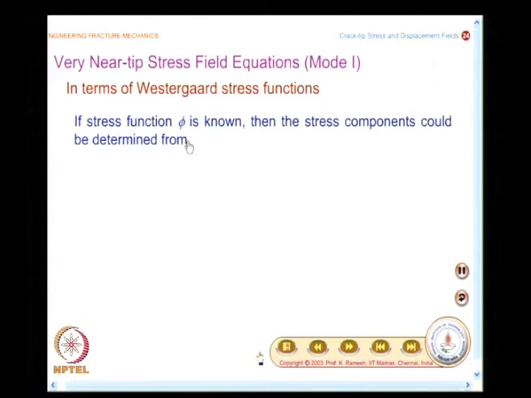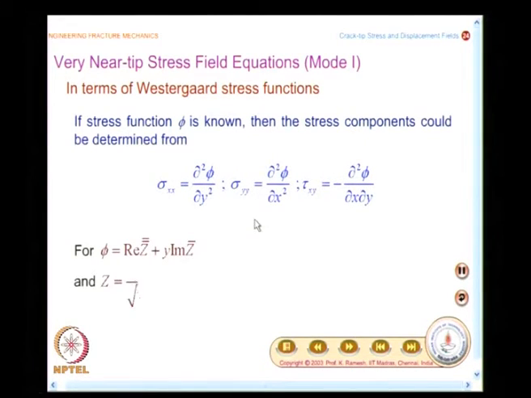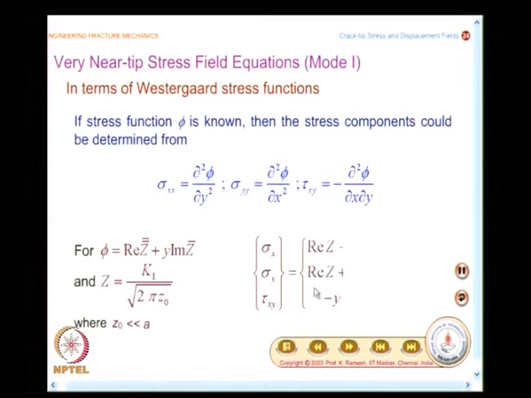And in theory of elasticity, once phi is known, stress components could be determined. This is just to re-emphasize your understanding, and the stress field is now summarized in terms of the Westergaard stress function.